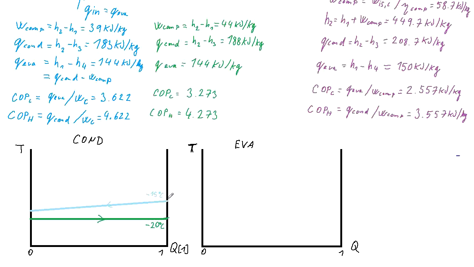And we had specified the minimum temperature difference, 5 kelvins, to be over here. So you can see that due to the heat rejection from the air in the evaporator, the minimum temperature difference in the heat exchanger will actually be lower than the 5 kelvins, because the minimum temperature difference would be on the other side.